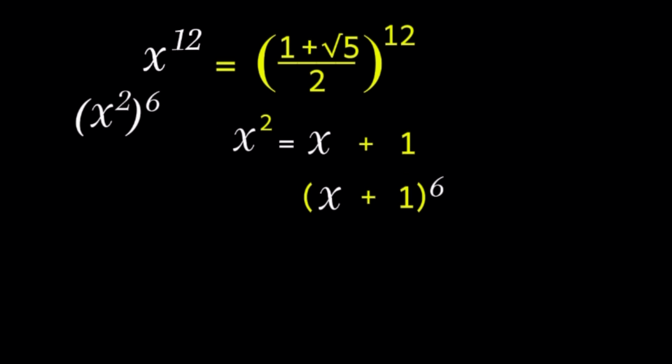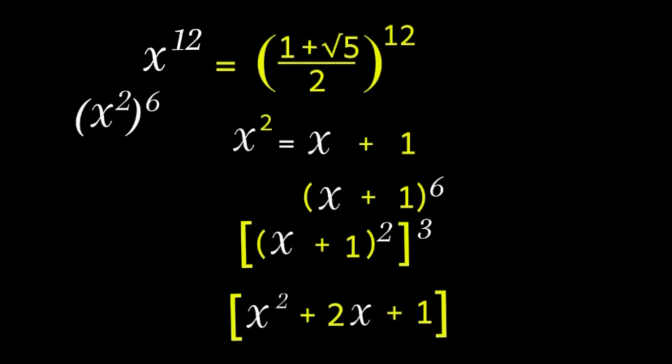Now to simplify further, we rewrite (x plus 1) to the power of 6 as ((x plus 1) squared) raised to the power of 3 because 6 is equal to 2 multiplied by 3. Now expand (x plus 1) squared, which gives x squared plus 2x plus 1. And do not forget we still have power 3 outside.